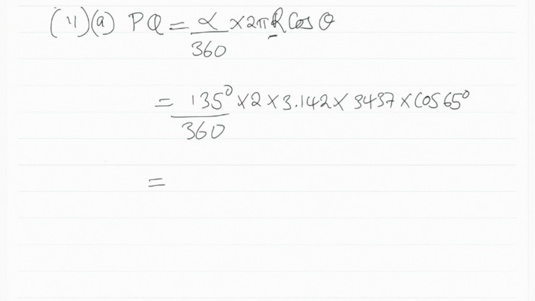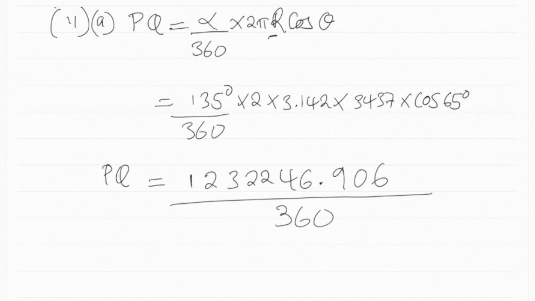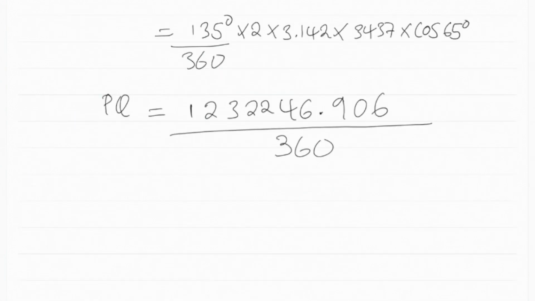So when you do your calculation properly there, you are going to find that PQ is going to give you about 1,232,246.906, everything over 360. That is when you simplify what is given. You can still even use the calculator. There is no harm in there. Calculators are allowed in this paper.